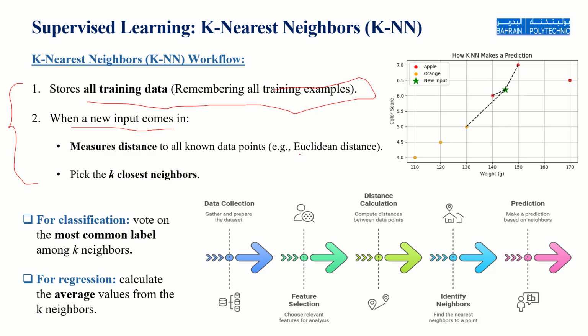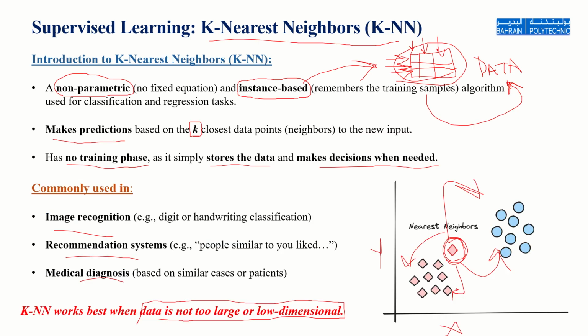How can I measure distance? I can use the various distance measures which are already available. Then comes k into the picture. We have already set a k, so I will pick the k nearest neighbors to identify which of the categories this new point belongs to.